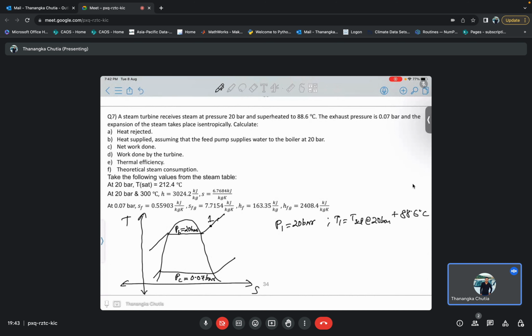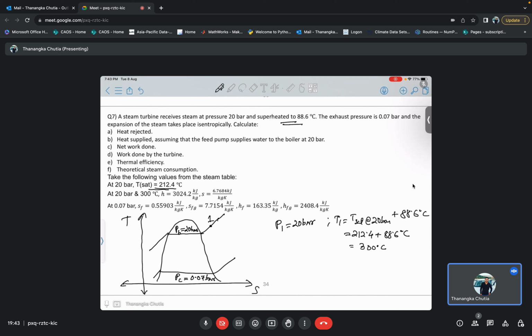Fine, because this is given to us as the degree of superheat. Now from the steam table you can see that this is equal to 212.4. So 212.4 plus 88.6 degrees Celsius gives you T1 equal to 300 degrees Celsius. Okay, so this is the condition at which steam is entering the turbine.